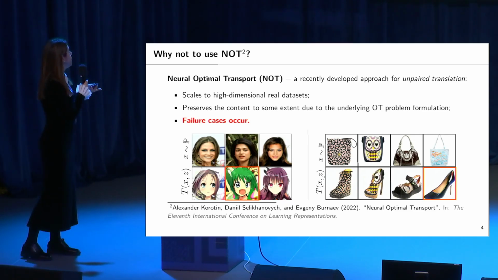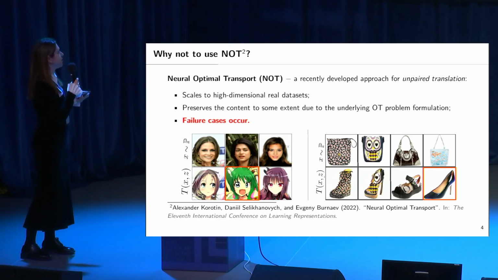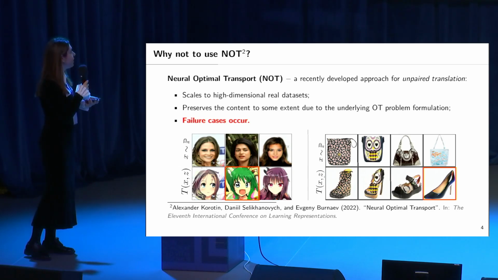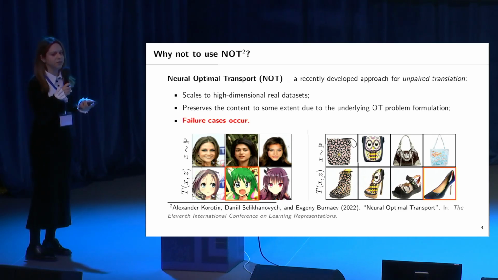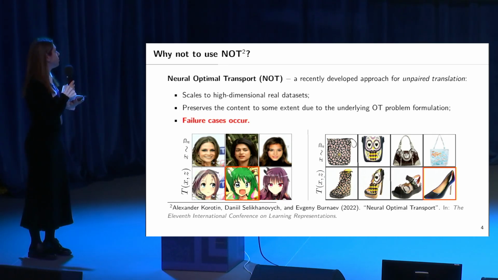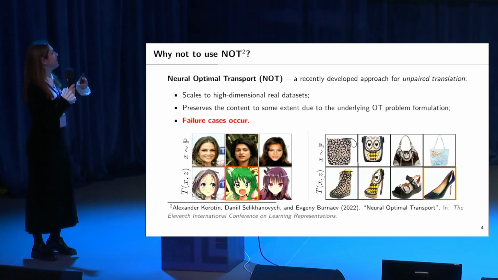For example, there was a recently developed so-called neural optimal transport method, which was successfully applied to the unpaired domain translation problem, and also achieved results even better than some common GANs like CycleGAN, and has some good features. For example, it naturally preserves the content of the input images to some extent because of the underlying principles of the OT problem.